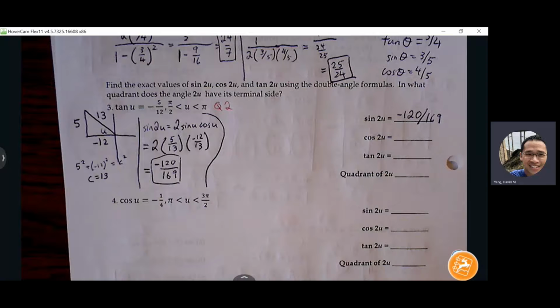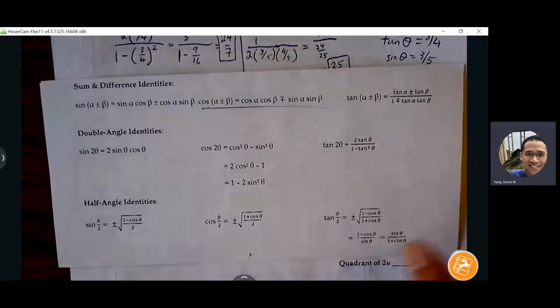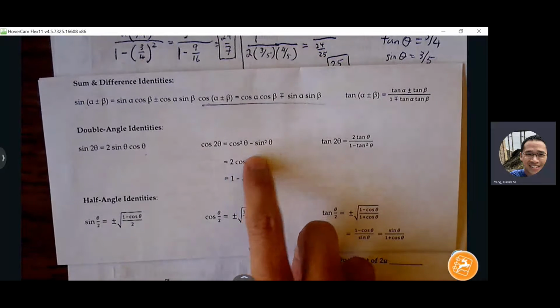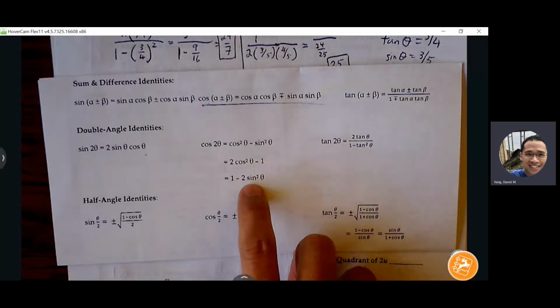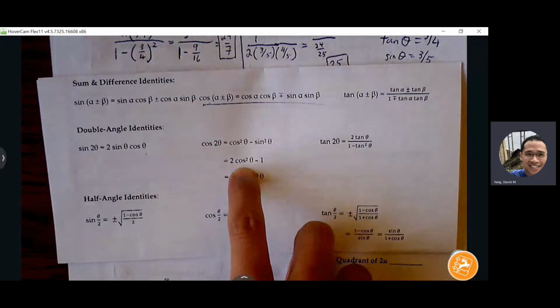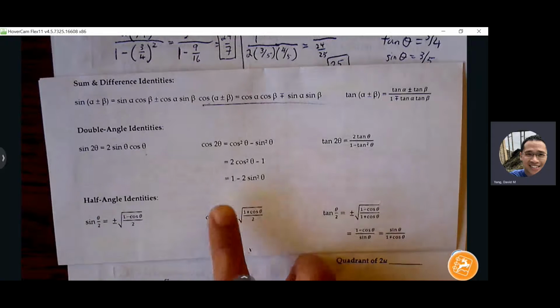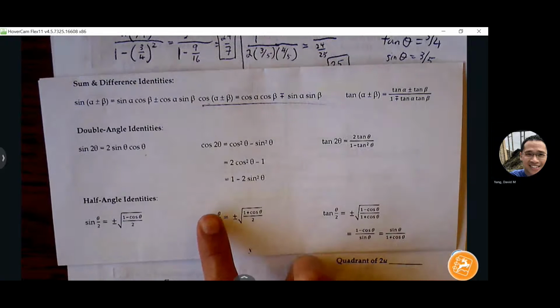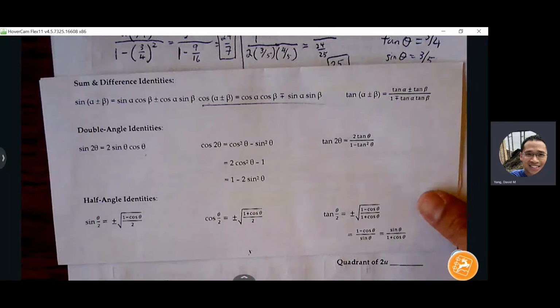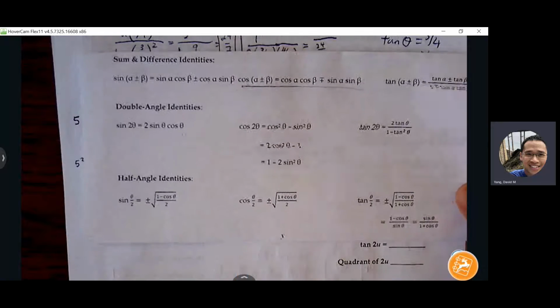Cosine of 2u. Any of these options is fine. You can either do cosine squared minus sine squared, or 2 cosine squared minus 1, or 1 minus 2 sine squared. I'm going to just choose 2 cosine squared minus 1. But any of those will work, okay?